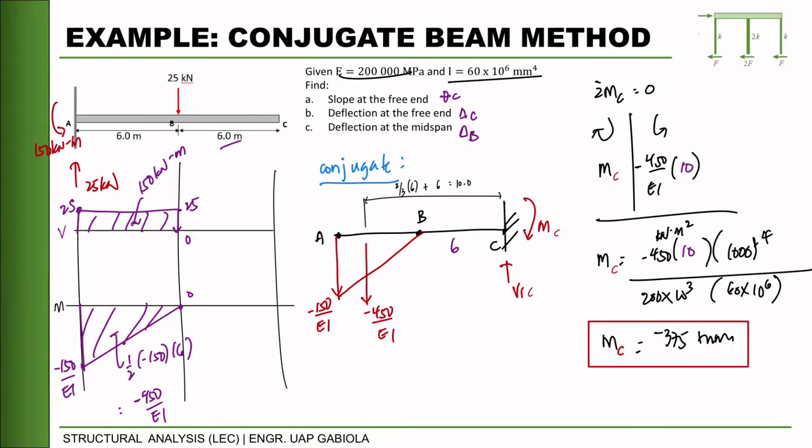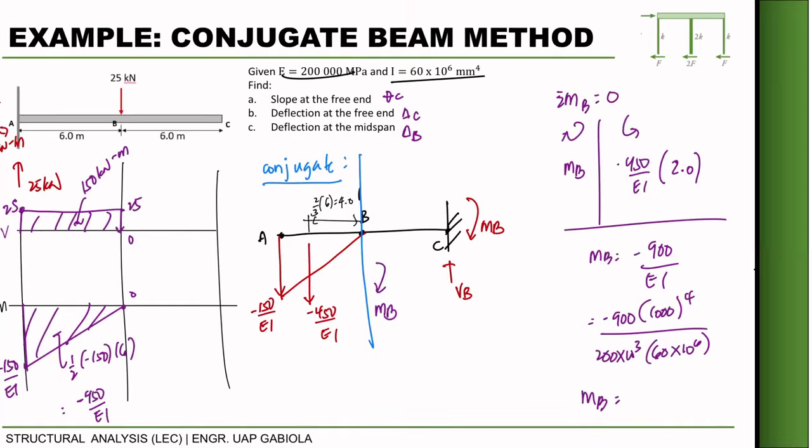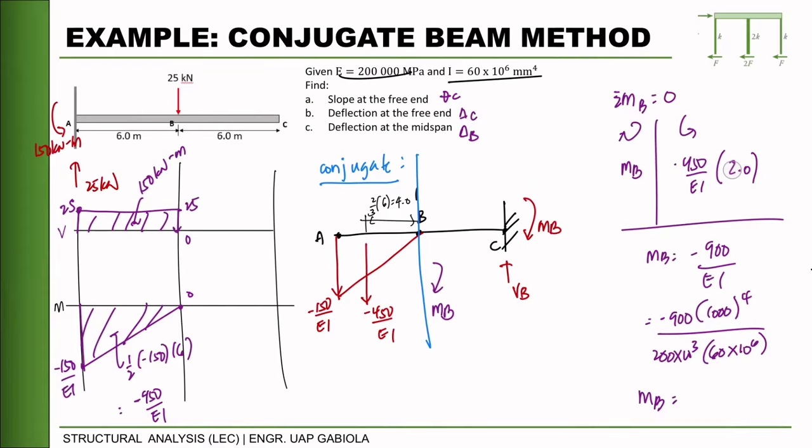And then for this case, same procedure, but right now, this distance would be 2/3 of 6, or that is 4. This is 4, that is 18,000.